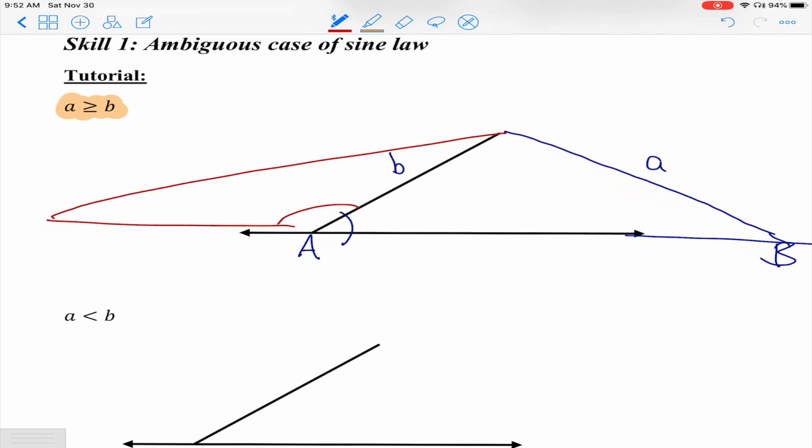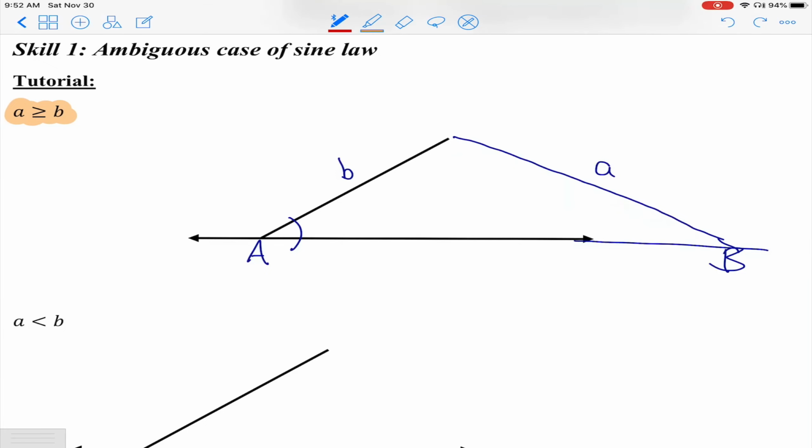However, then we're actually using the angle A as obtuse, so that's not the triangle that we're intending. Therefore, in order for us to keep the angle A as an acute angle, this is the only configuration that we can actually make. Therefore, if the opposite side is bigger than the other side, then there is always one triangle no matter what.